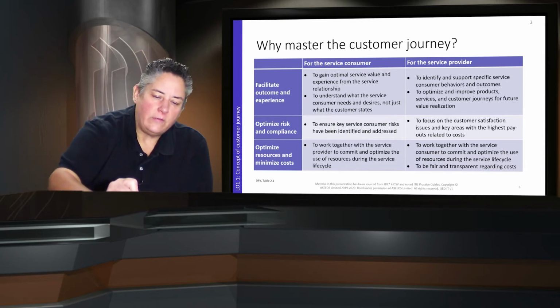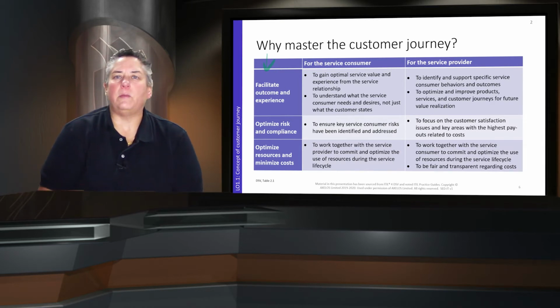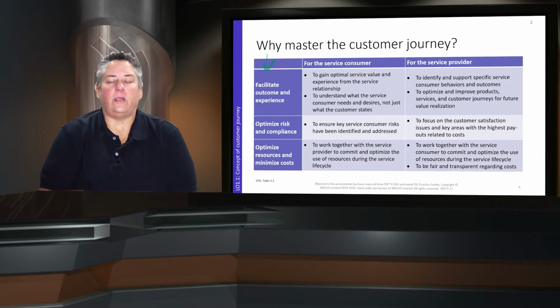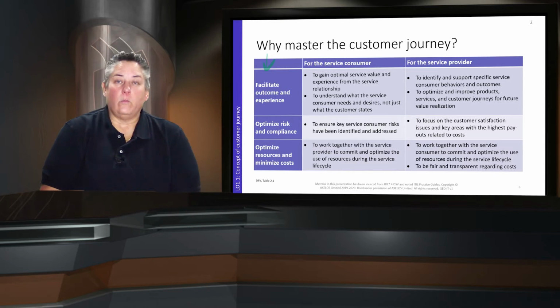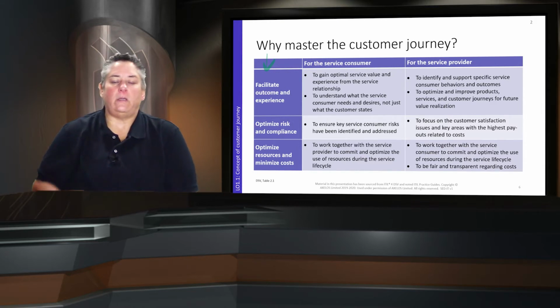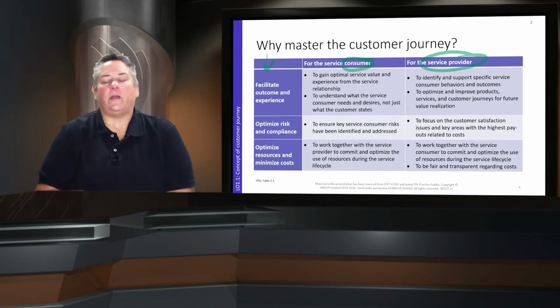They all have the same first column, looking at the facilitation of outcome and experience, optimizing risk and compliance, and optimizing resources and minimizing costs. That's exactly what you want to happen in a service relationship. We want the outcomes. We want to manage risk, and we also want to optimize our resources and minimize the cost. There are two different viewpoints, between the consumer and the service provider.